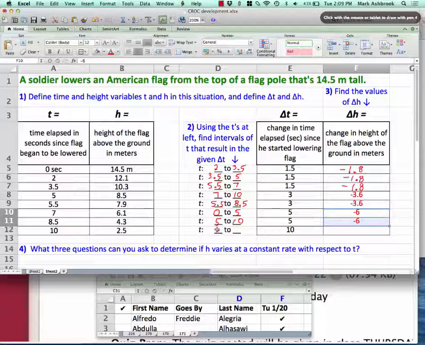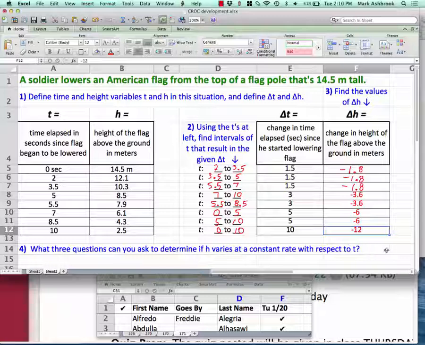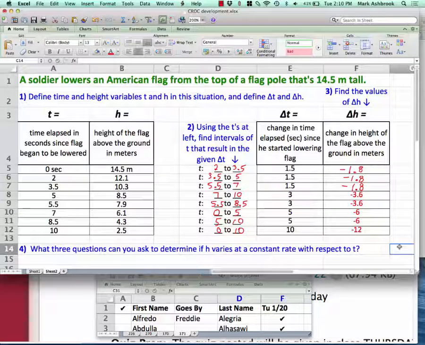From 0 to 10. Change in height would be 2.5 minus 14.5. Negative 12. So you may have different intervals here, but the changes should be the same, and those values should end up being the same as well.